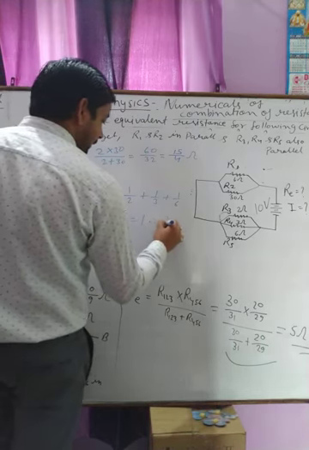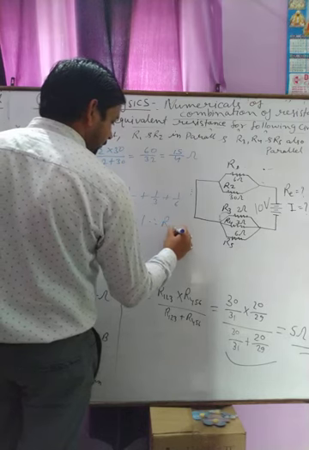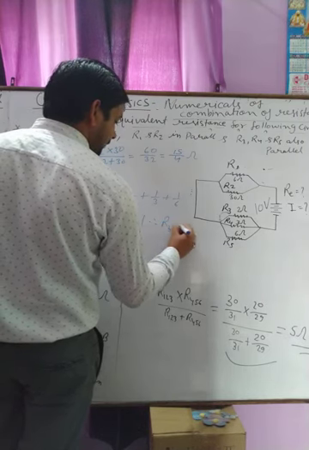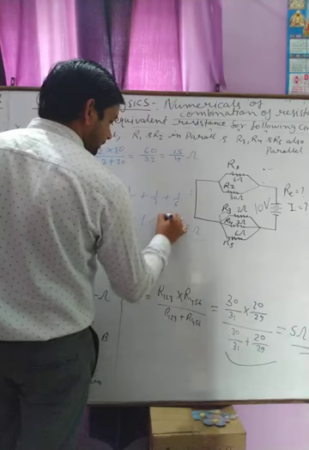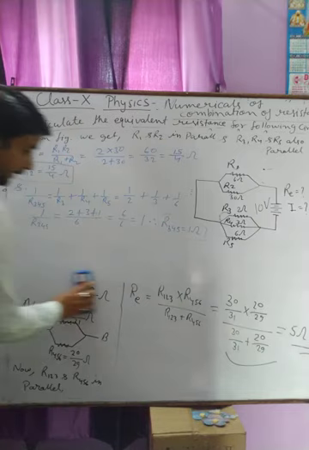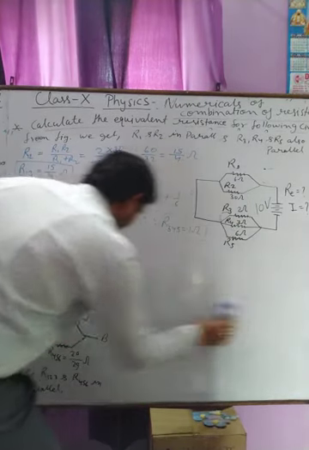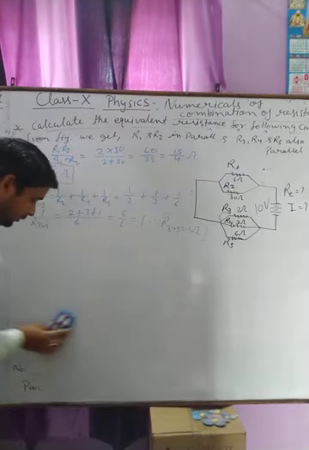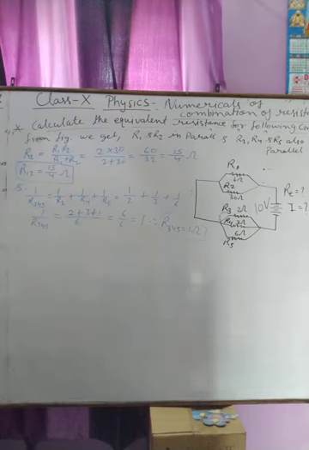Therefore R345 is equal to 1 ohm. Okay, just copy till this point and I am forming the simplest circuit after solving these two boxes.